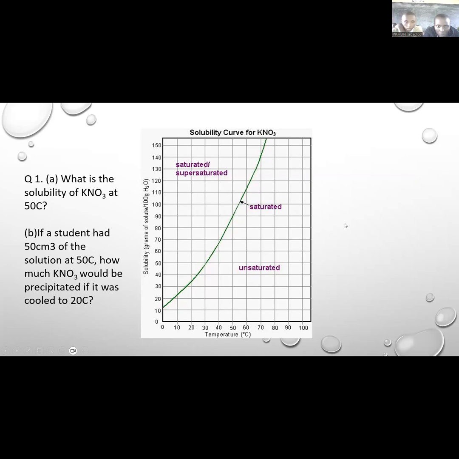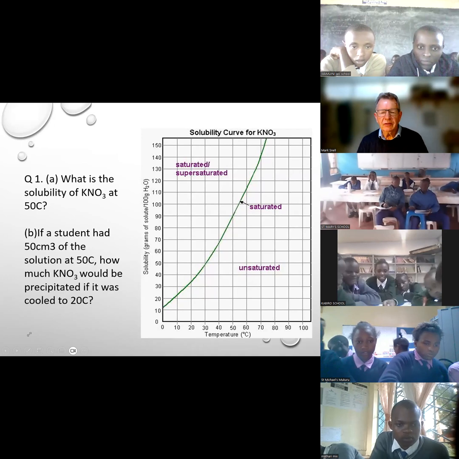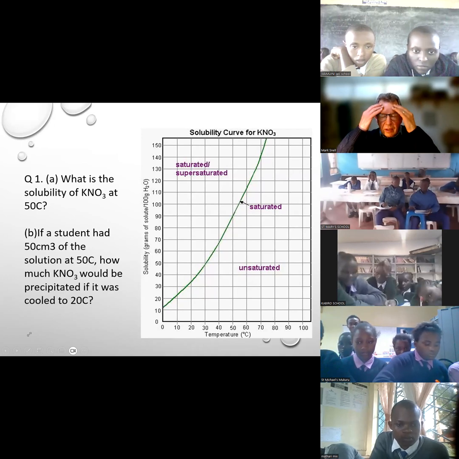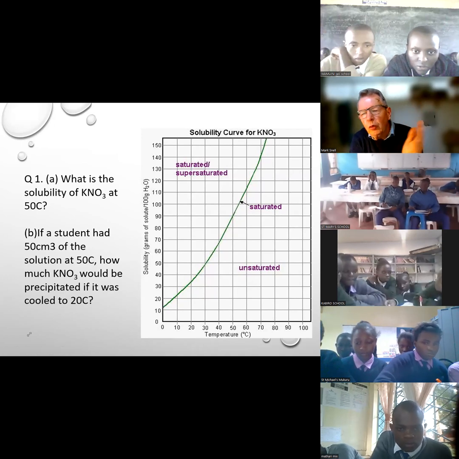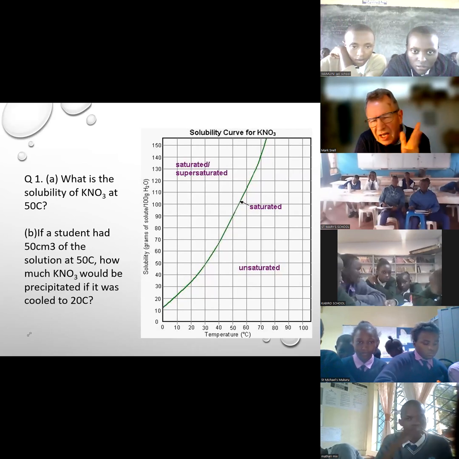I'll go through it. If you want a moment just to look at it and think, have a look now. Look at the question, look at the graph, even though you can't actually draw the lines you need to. Have a little think, talk with the person next to you, and see if you can work out approximately what the answer is.